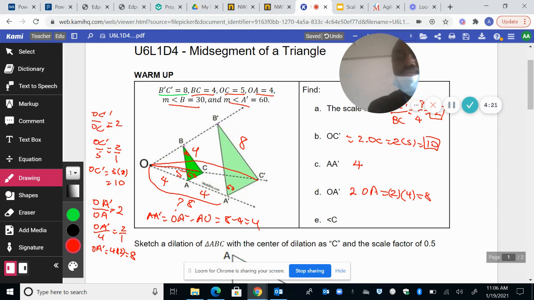So angle A plus angle B plus angle C equals 180. A is 60, B is 30, C is what we're looking for. So 180 minus 60 minus 30 is 90 degrees. So C would be 90 degrees.